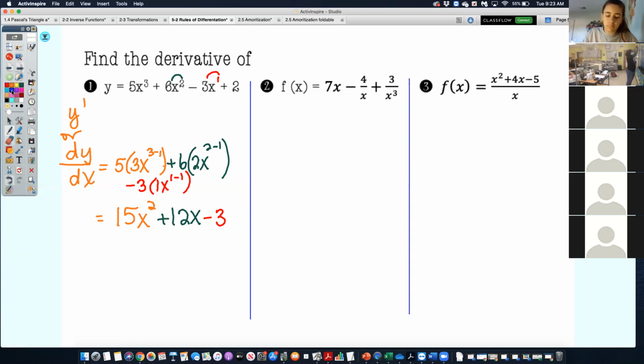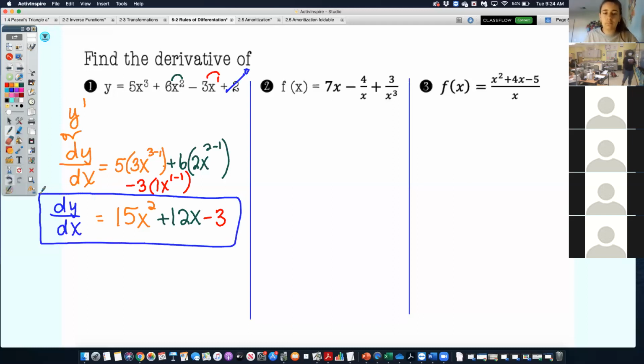And then what's the derivative of any constant? 0, always. So my derivative is 15x squared plus 12x minus 3. That is using the rules from the other page. Are there any questions?